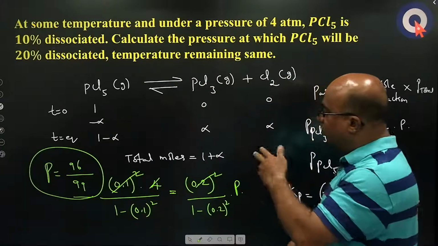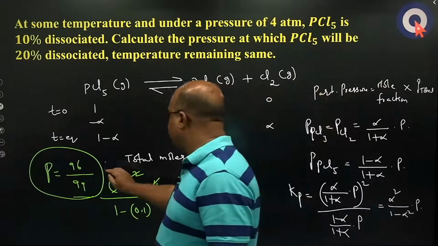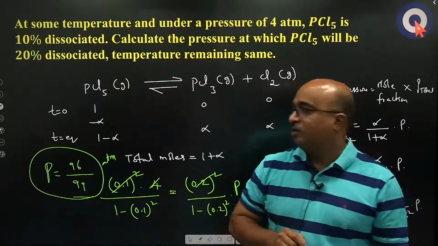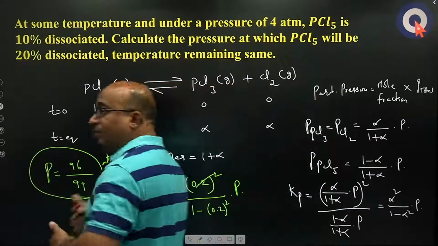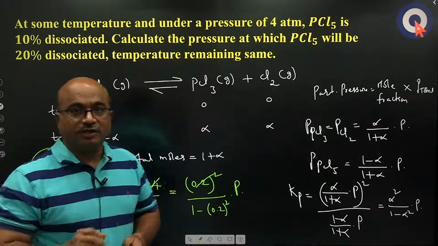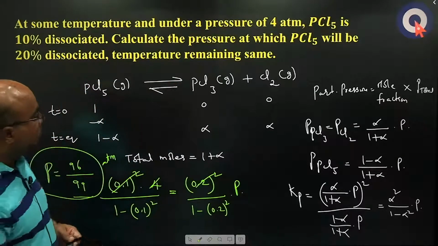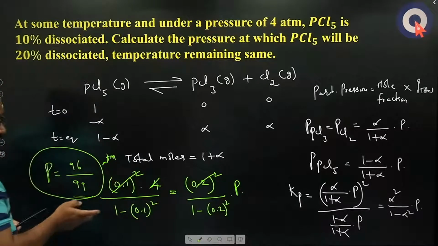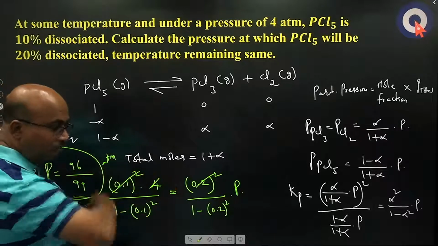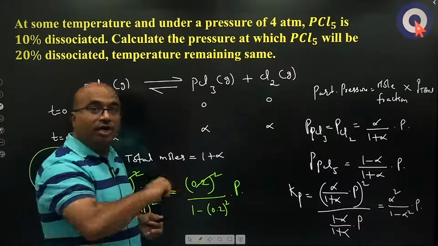So this is 96 by 99 atmospheres. Okay. So derive the expression for the Kp or equilibrium constant, and because it remains same, we can use that and determine the degree of dissociation alpha at different pressures.